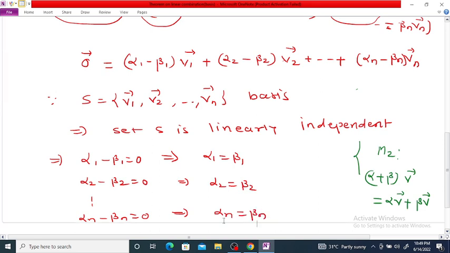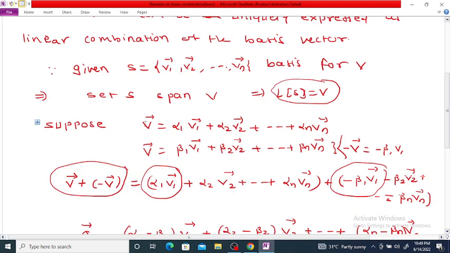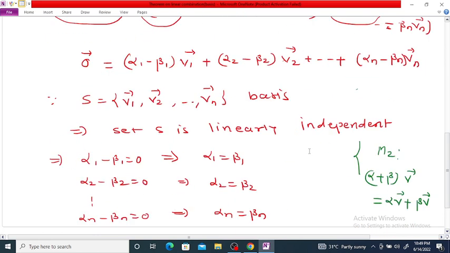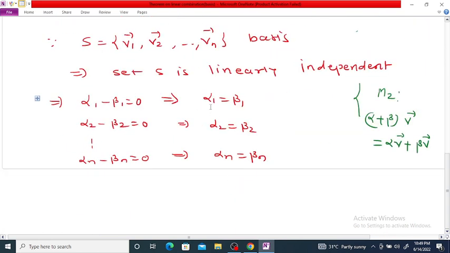So here, suppose we assume that V bar can be expressed as a linear combination alpha 1 V1 bar plus alpha 2 V2 bar plus ... plus alpha n Vn bar, and V bar is equal to beta 1 V1 bar plus beta 2 V2 bar plus ... plus beta n Vn bar, and finally we reach alpha 1 is equal to beta 1, alpha 2 is equal to beta 2, alpha n is equal to beta n, that is, alpha i is equal to beta i. So what does this imply?